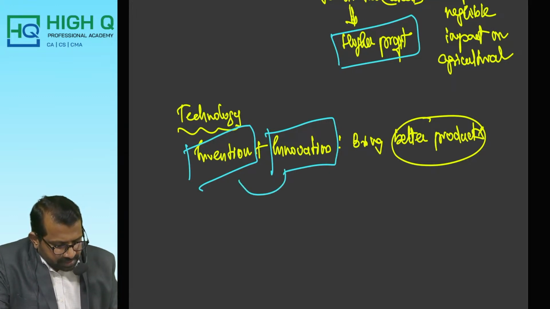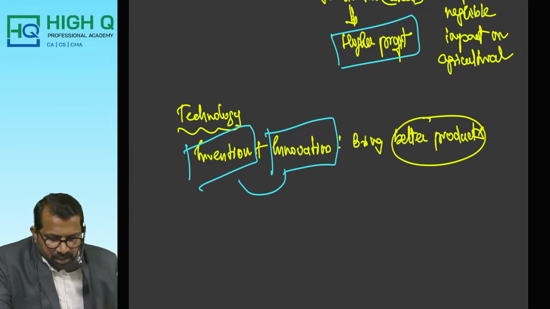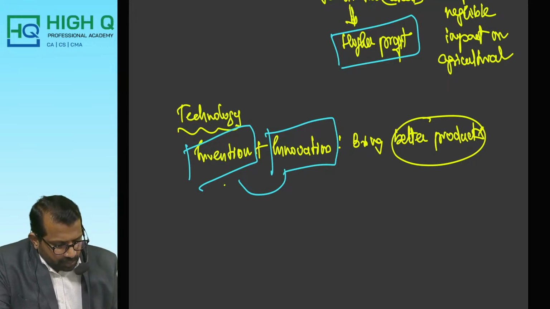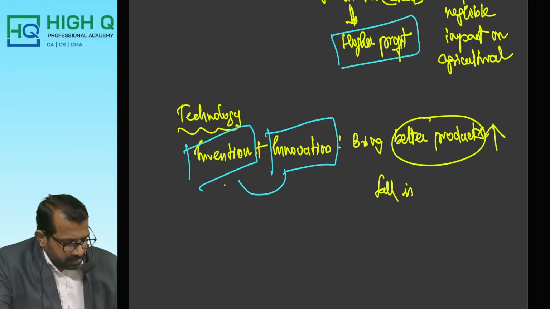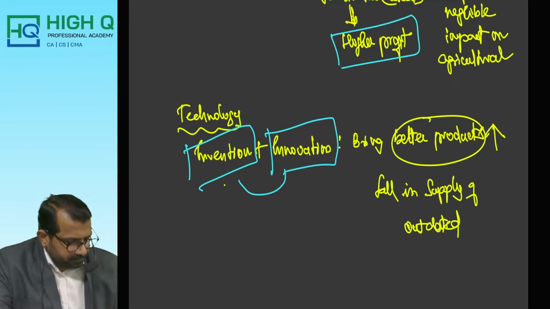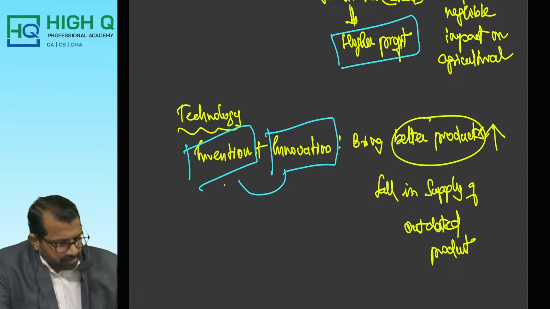Due to this reason, the innovative, better products started to increase, but there is a fall in supply of outdated products. So supply of outdated products will decrease.